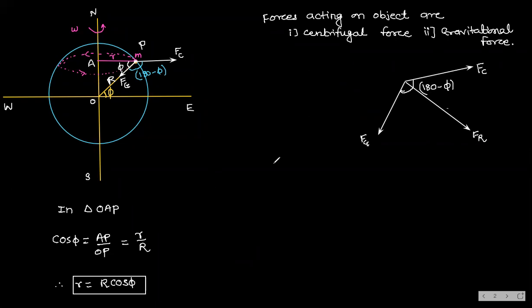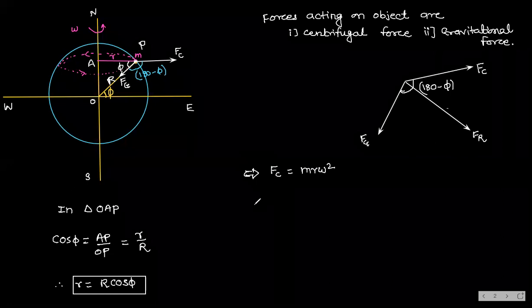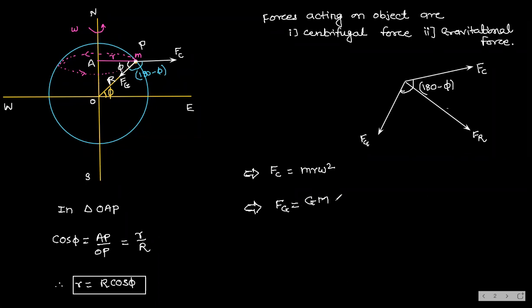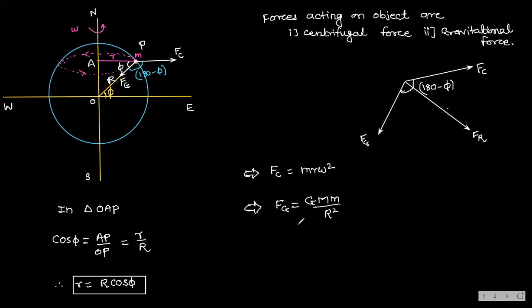So first of all, FC is equal to m r omega square, and Fg, that is gravitational force, is equal to G capital M small m divided by r square. Can I find out now Fr, the resultant force?